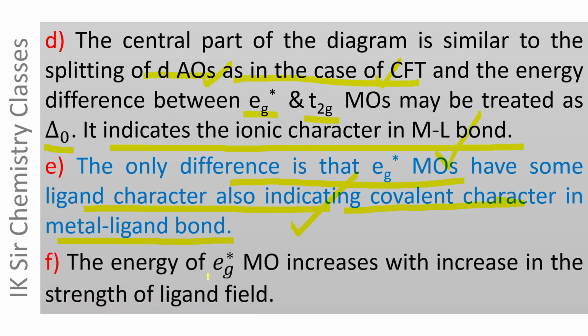The energy of eg star MO increases with the increase in the strength of ligand field. These are some noteworthy facts regarding the molecular orbital energy level diagram for octahedral complexes with sigma bonding only.